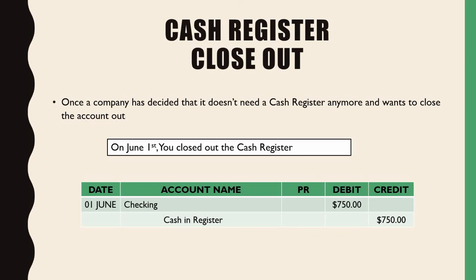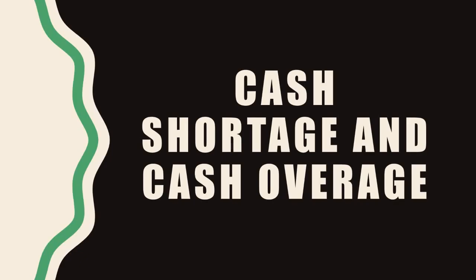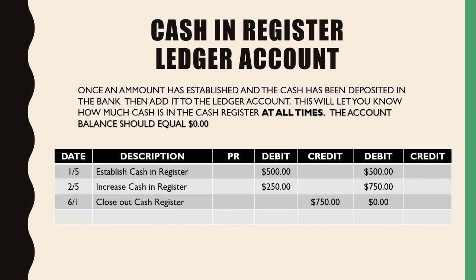It must go into the checking account. You can't pocket it. And you're going to credit your cash register and empty it out. So now the cash register holds zero money. Okay. So once again, the cash register is identical to petty cash. Any questions here?